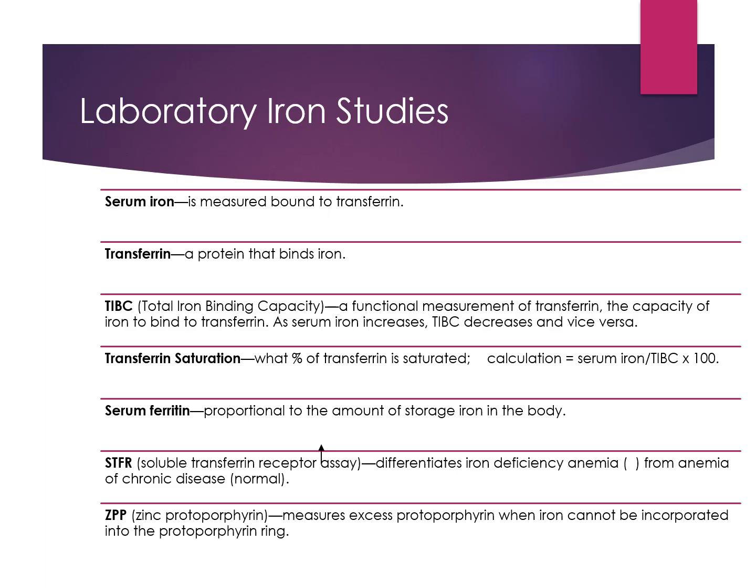amount. The next test that we might do in our iron studies is our soluble transferrin receptor assay. This will help us differentiate iron deficiency anemia due to lack of iron from anemia of chronic disease. And then our zinc protoporphyrin, or our ZPP, will measure the excess protoporphyrin when iron cannot be incorporated into the protoporphyrin ring.